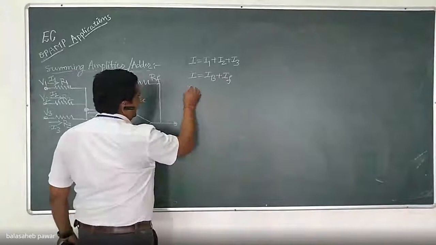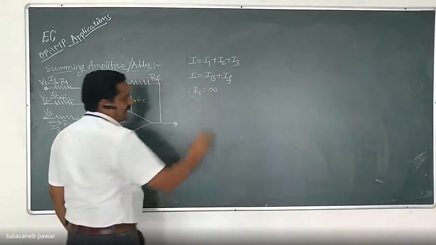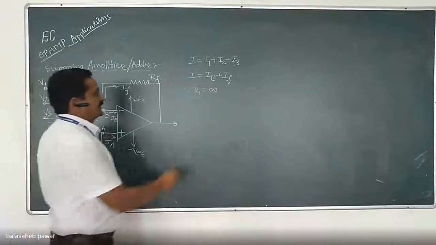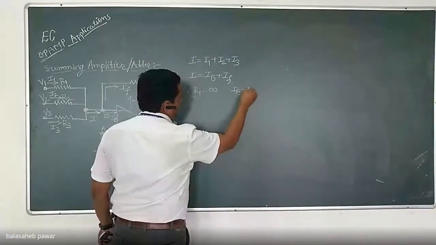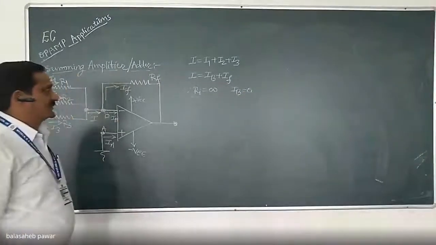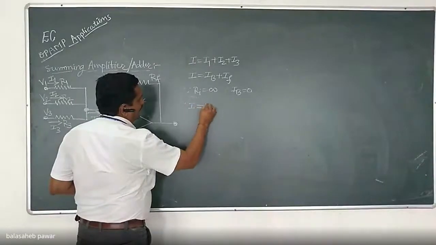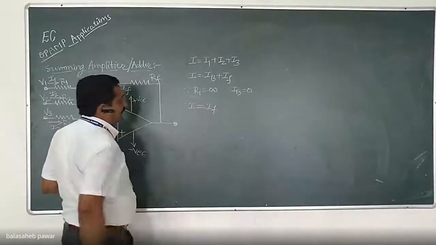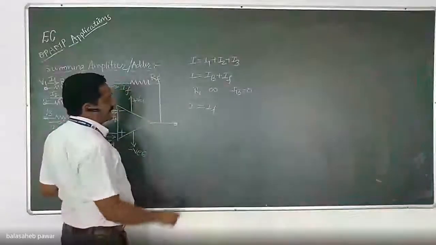Now, you have to note that as Ri of the op-amp is considered infinite, therefore IB equals 0. The input current to the op-amp is 0, and hence simply I equals IF. What is this I? I is nothing but the addition of all these three currents.